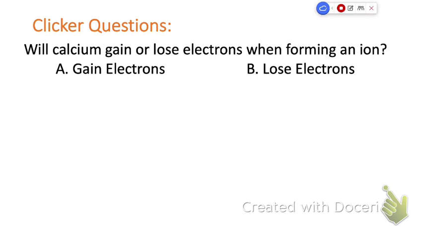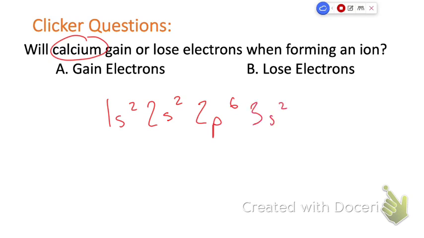Does anyone want to try reading it out off the top of their head? 1s2, 2s2, 2p6, 3s2, 3p6 and 4s2. So where is the noble gas configuration that's closest to that?